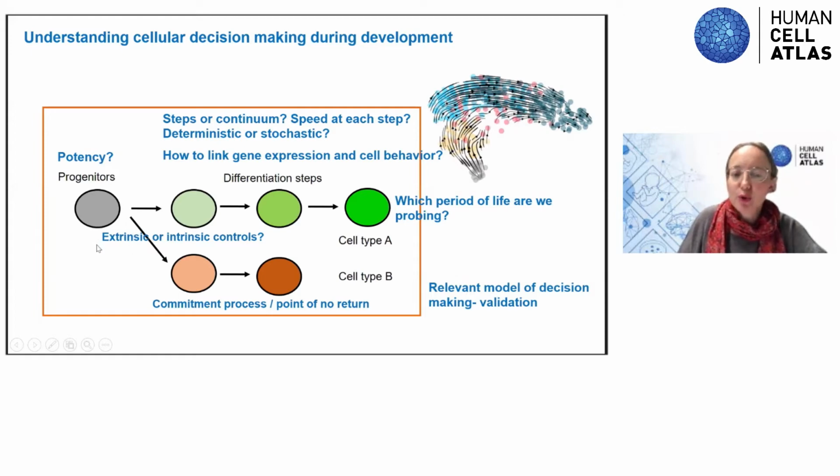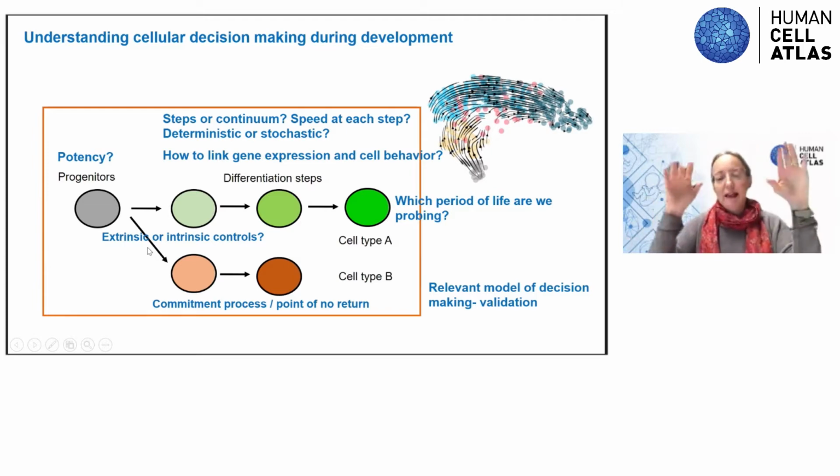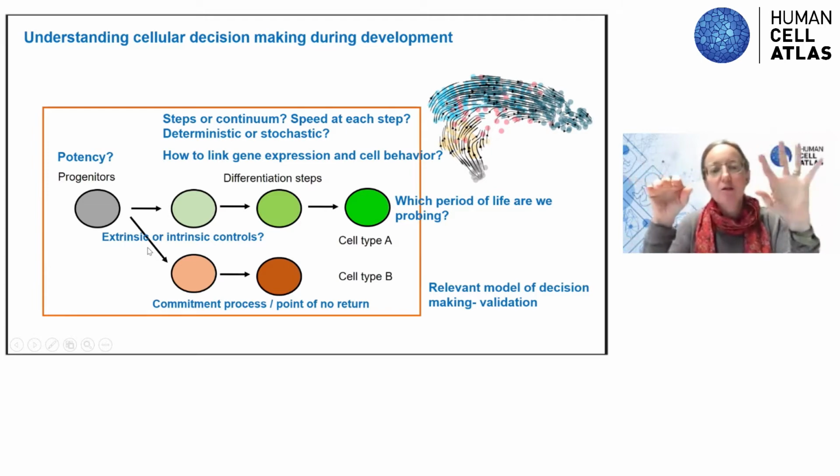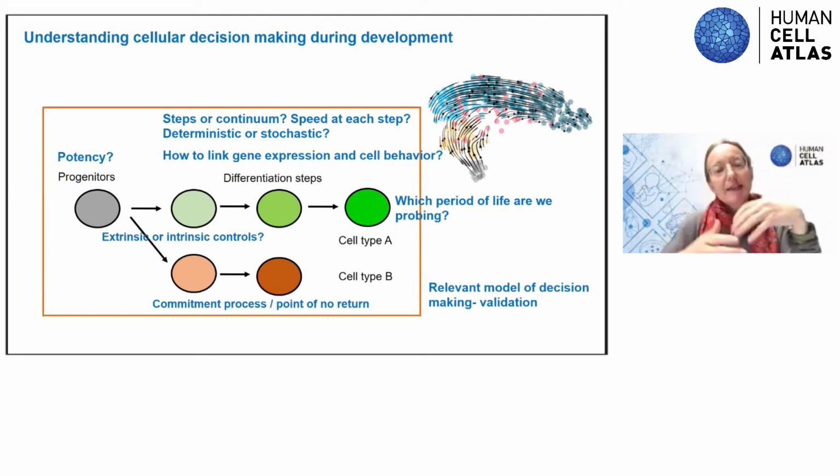There are more and more tools that allow us to address these questions, not only looking at two neighbors and the signals and receptors they have, but now the ability is developing to probe the signaling pathways that are elicited in the cells during the decision making.